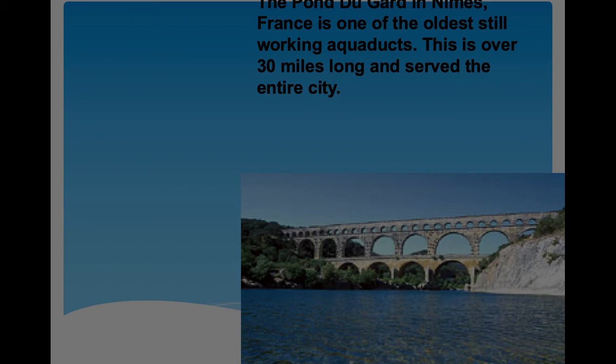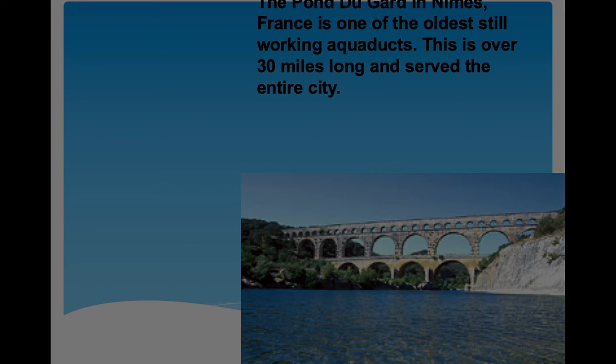So in France, we have one of the oldest still working aqueducts. This is over 30 miles long and served the entire city, but we're not really talking about France. We're talking about Romans. Romans built aqueducts throughout their domain and introduced water into their cities. They really increased sanitary conditions.